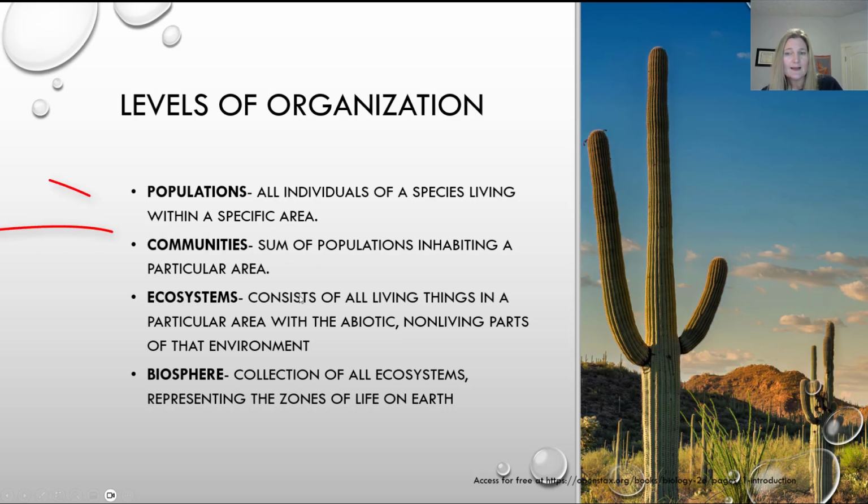We could study a community level of life's hierarchy or organization. This would include not just a specific population, but all the different populations inhabiting the area. So for example, if I'm studying my backyard community, I'm not just studying the eastern gray squirrel population.